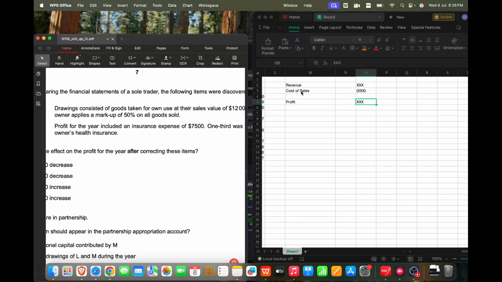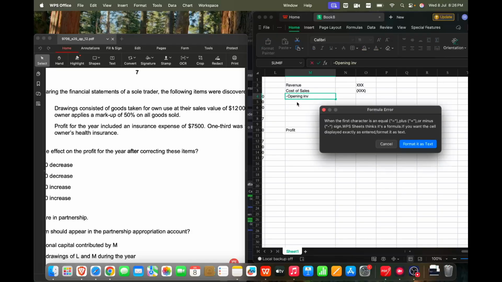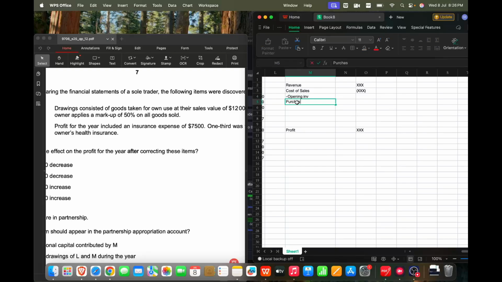While calculating your cost of sales, we include the drawings of goods. Cost of sales is basically opening inventory, and then we have purchases. In these purchases we subtract drawings.